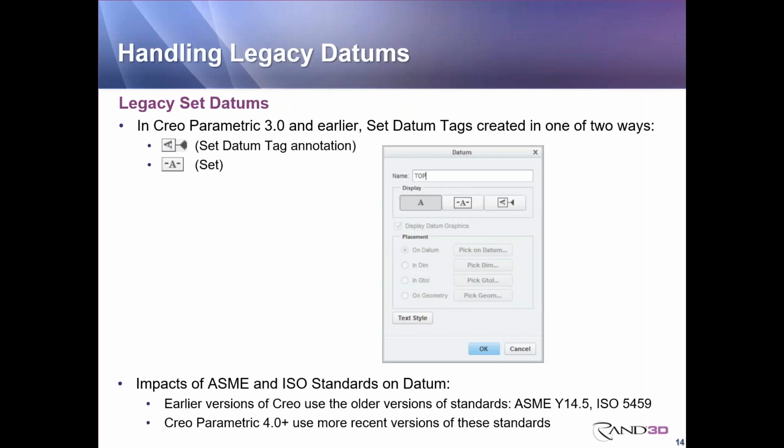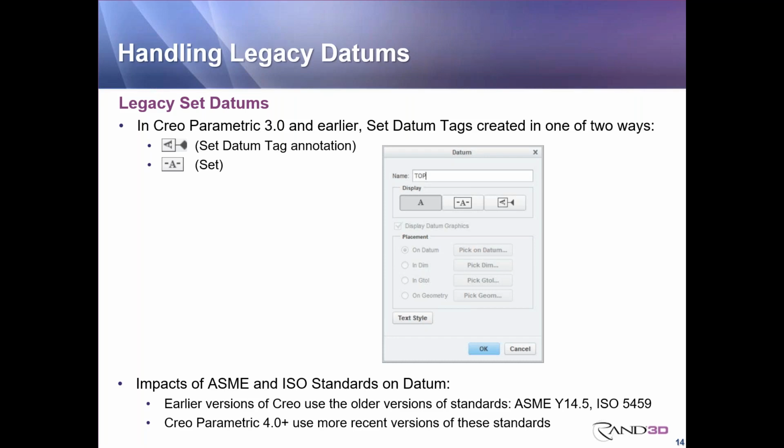So it's important to also know that specifically Creo Parametric 4, although I will be showing 3 and 7, the software uses the more recent versions of those standards that I mentioned. So as a result, you can place datums on real geometry surfaces or other annotations as stacked annotations.